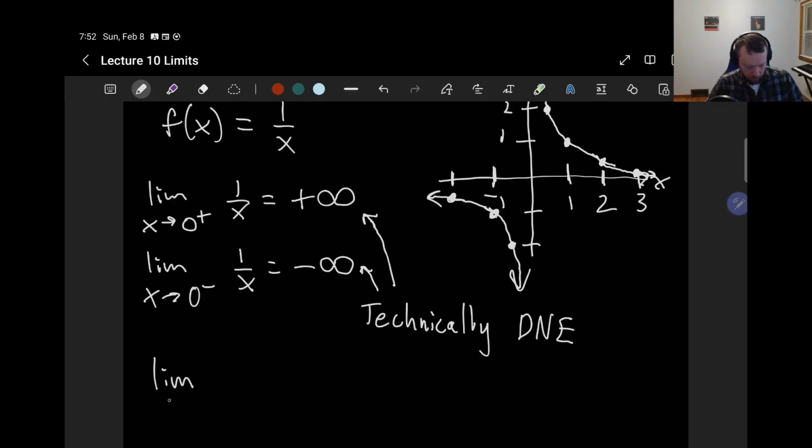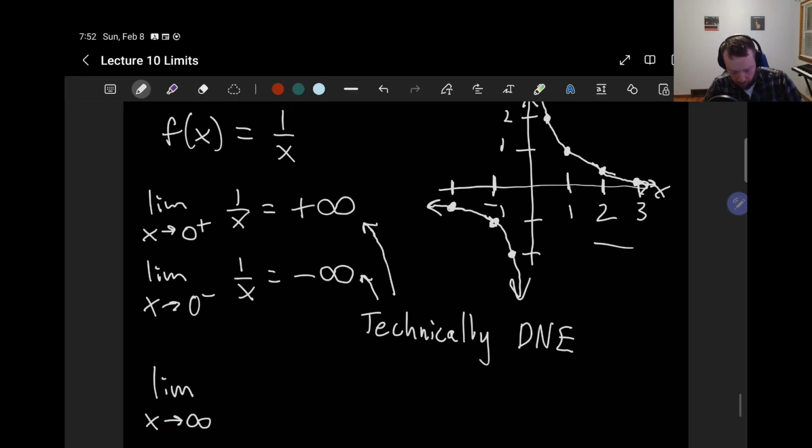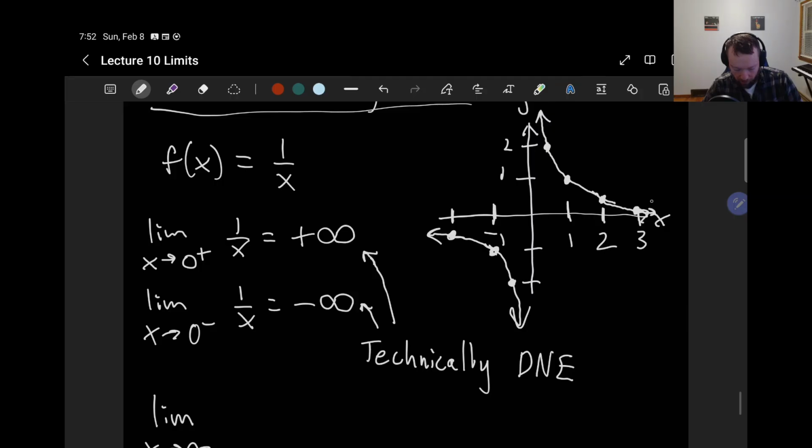So I did talk about this a bit already, but you're allowed to talk about infinity with the x's. So as x approaches infinity, that means as I move out to the right forever, notice that we actually are approaching a y value. This is what's called a horizontal asymptote. This horizontal line, the x-axis, which we get closer and closer and closer to, but never quite touch.